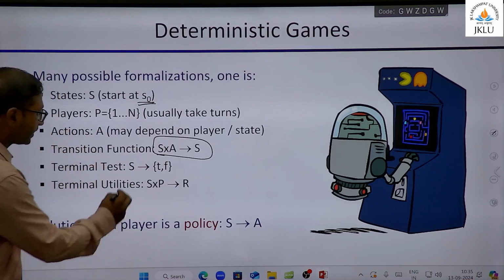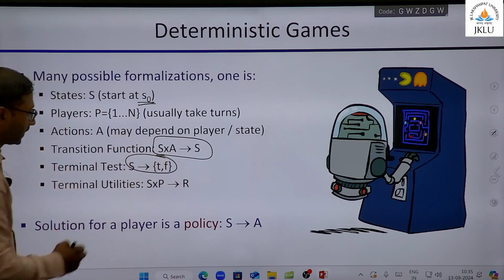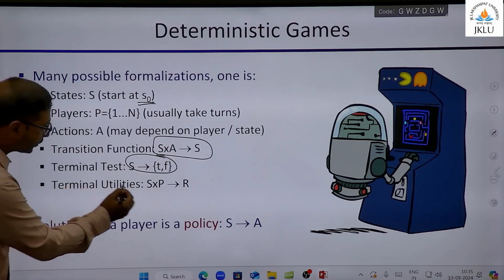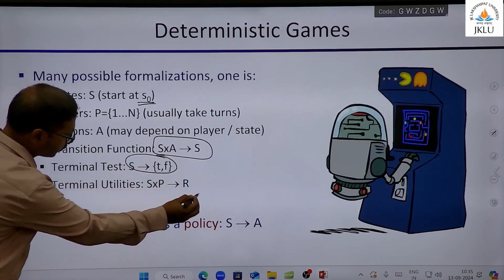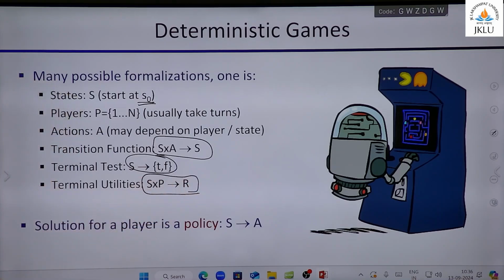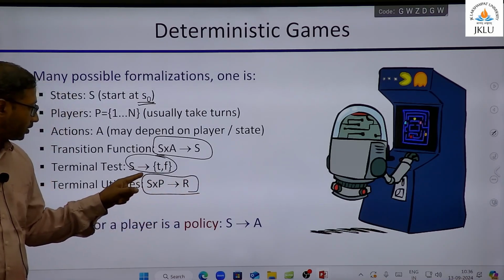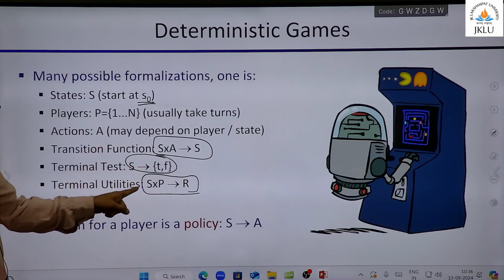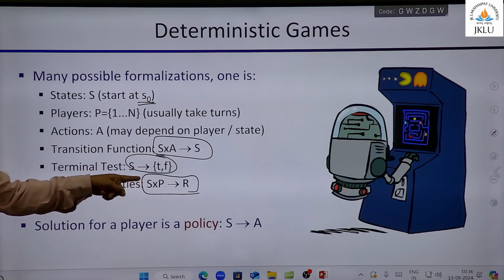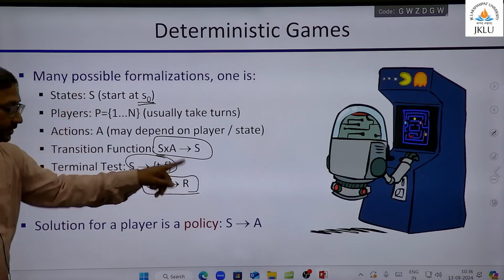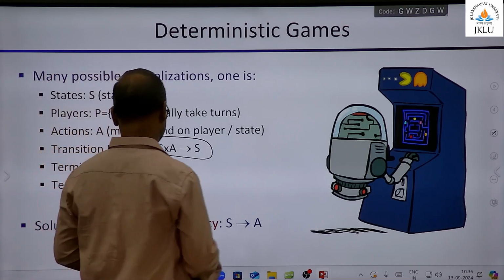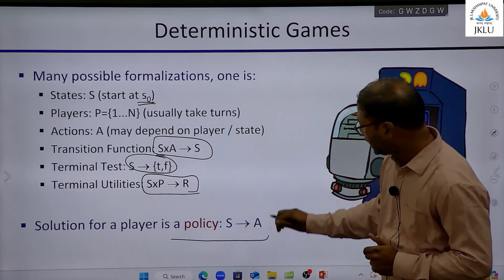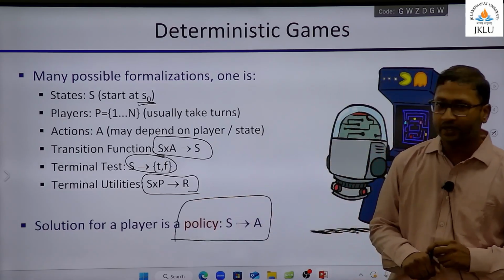Terminal test is S belongs to T or F. Terminal utilities. What is this now? So start, in a state, player does something and then you get a R. So solution for a player is a policy S to A. What is S to A?